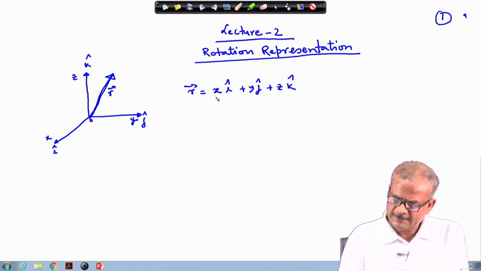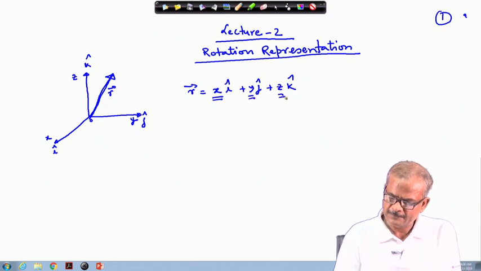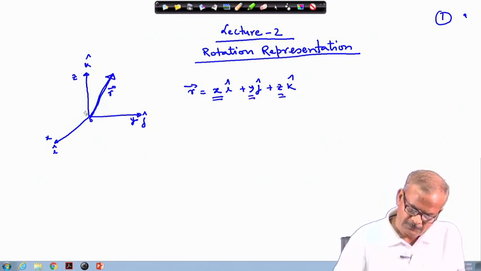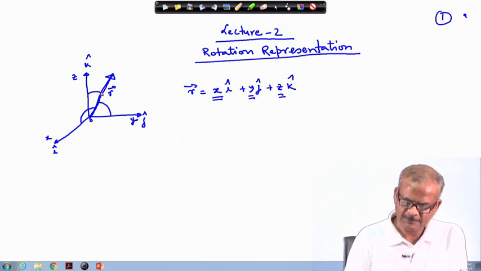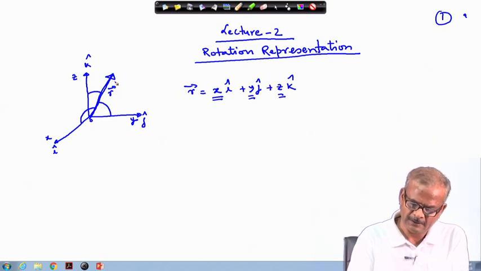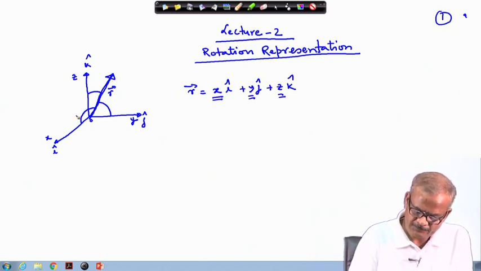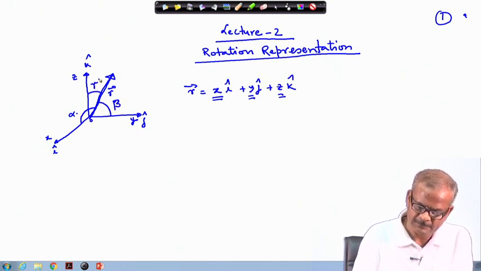So, how do we get these components x, y and z? Basically, if you drop a perpendicular from this point to the x axis, to the y axis and to the z axis, those components are related by certain angles, which give the direction cosines of this vector r. Say this is alpha, then this is beta, and here this is gamma.